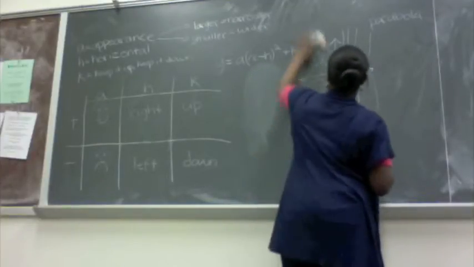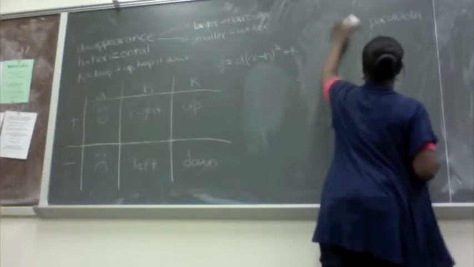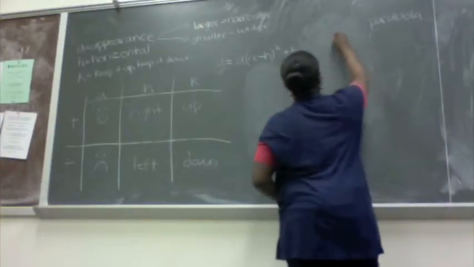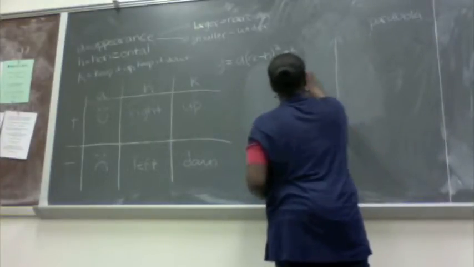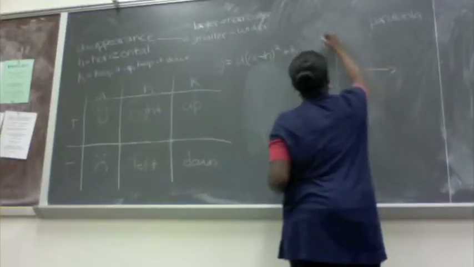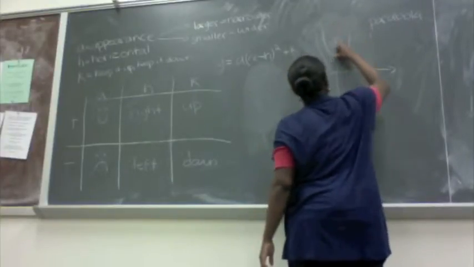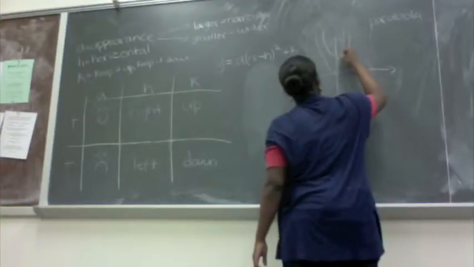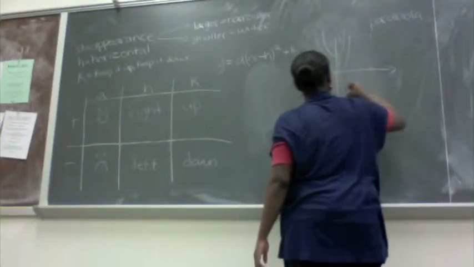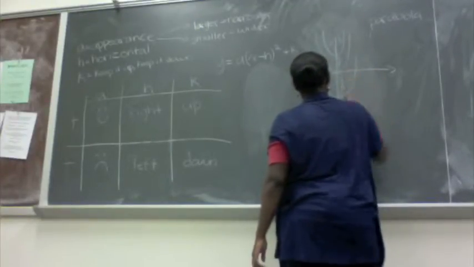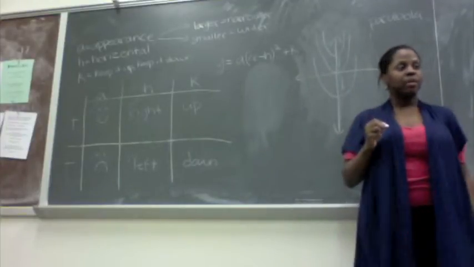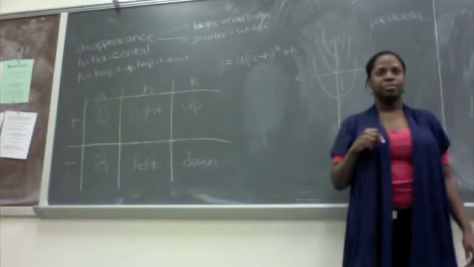Okay? Let me actually draw this for you guys. So if you're starting here, if k is positive, it would move that way. And if k is negative, it would move that way.